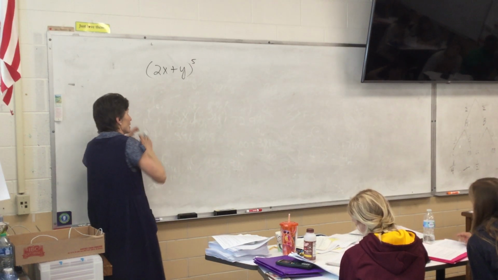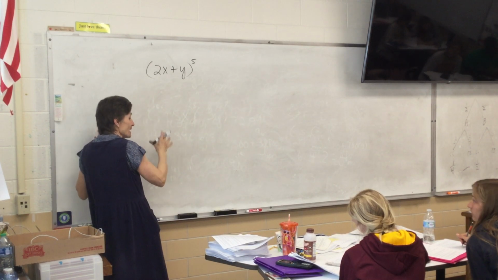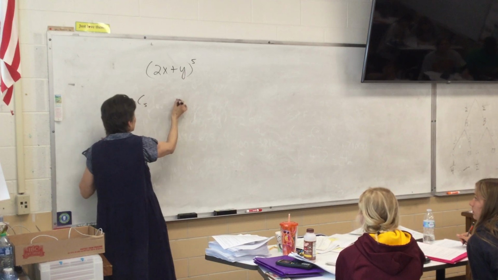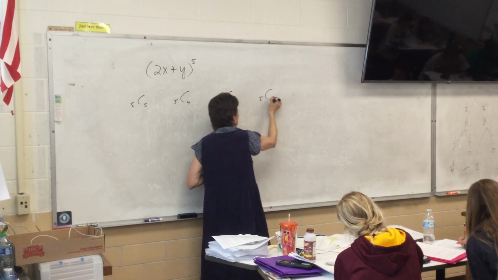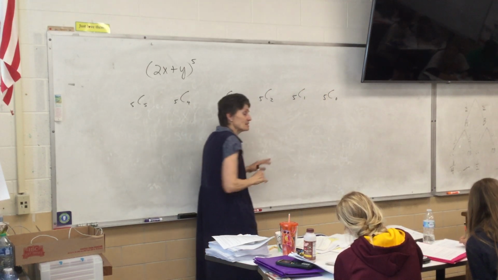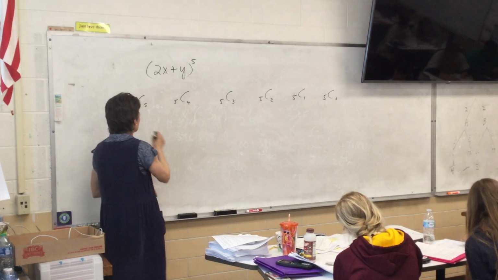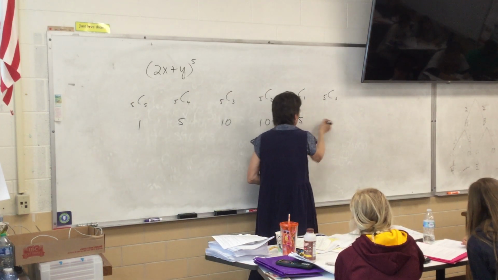The coefficients are going to be the combination numbers: 5C5, 5C4, 5C3, 5C2, 5C1, 5C0. I happen to have these memorized, so I'm going to save some time. It's 1, 5, 10, 10, 5, 1.